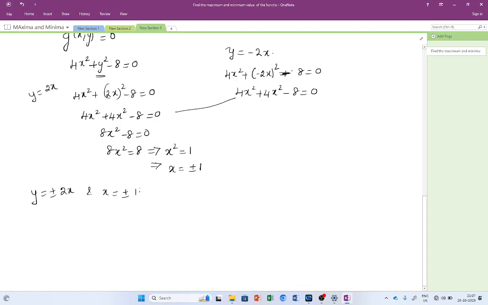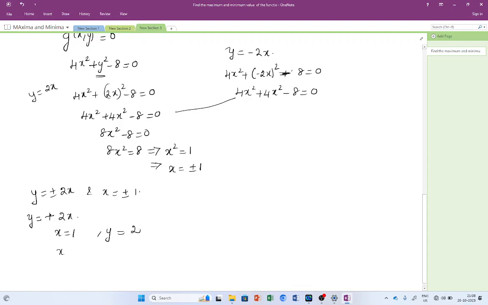Okay, so y takes the value, if y = +2x. When I substitute, x takes the values +1 and −1. So when y = 2x and I take x = +1, y will take the value 2.